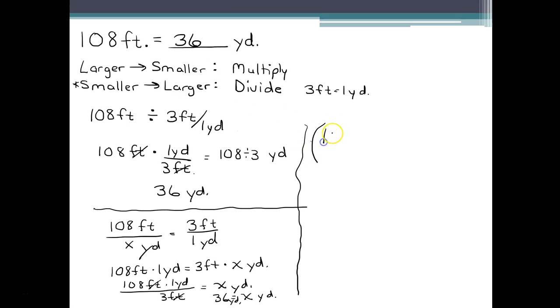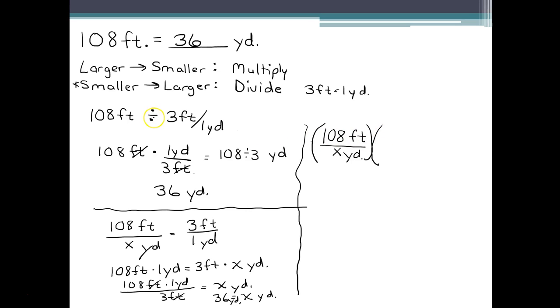You would take 108 feet over X yards, and then you want to multiply that by your conversion factor in such a way that the units are going to cancel themselves out anyways. So you're trying to convert the 108 feet.